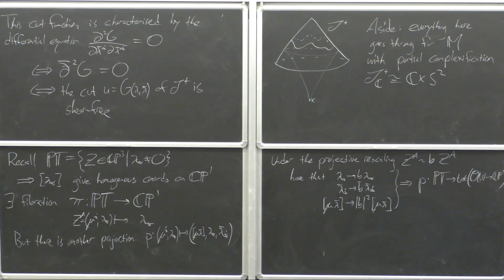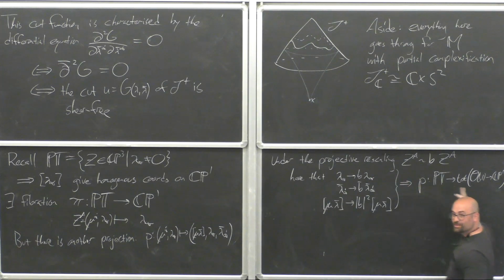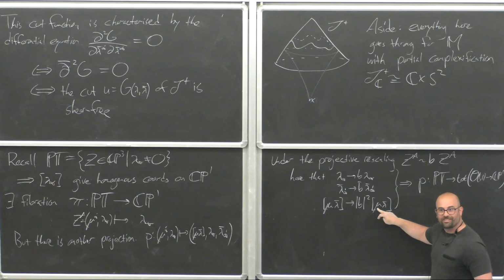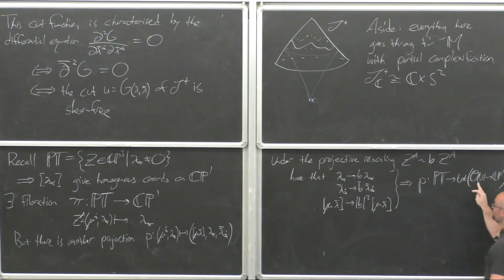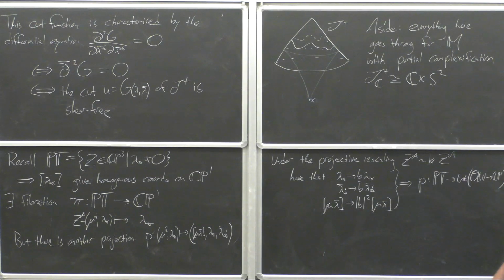Here, lambda and lambda bar are the holomorphic and anti-holomorphic coordinates on the CP1 base. This contraction is now the fiber coordinate, right? The reason why it's O(1,1) is because you get B bar here when I do the projective rescaling.